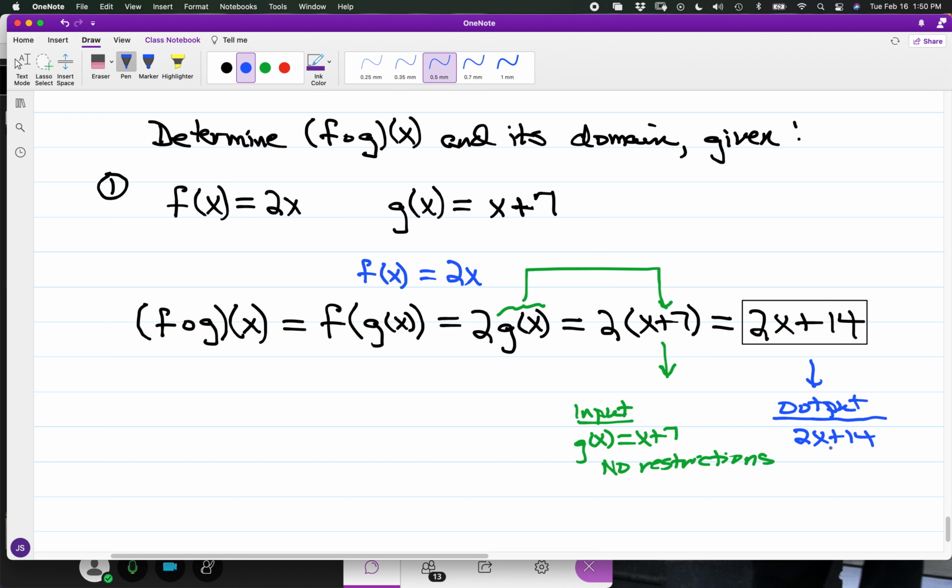There are no restrictions since we don't have anything in x that's an even root radical or denominator.